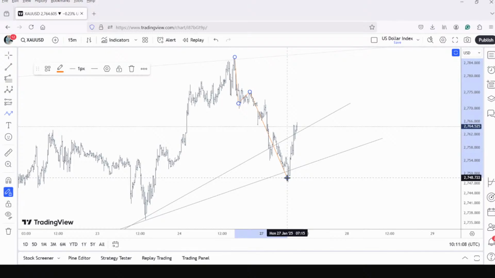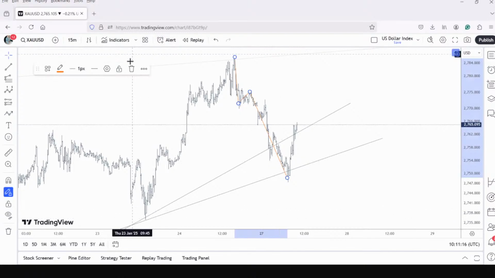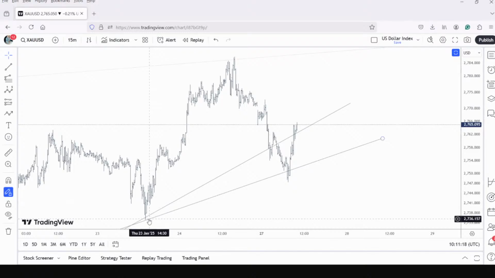Whether it's a sharper move or 3-4-5 is already complete, it's still not very clear. I would like to see this support at 2735 being taken out. Once the support is taken out, I think it's going to be more clear. It's quite possible that the first impulse is underway now.